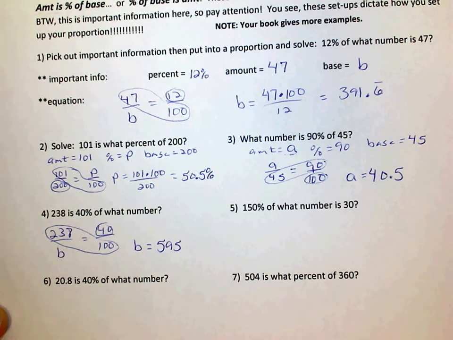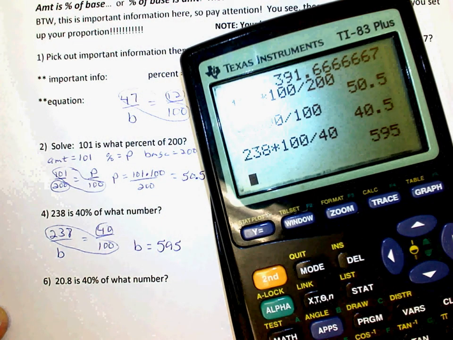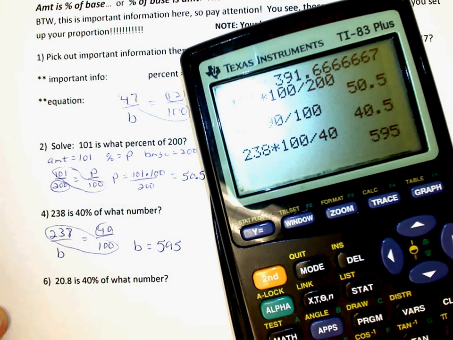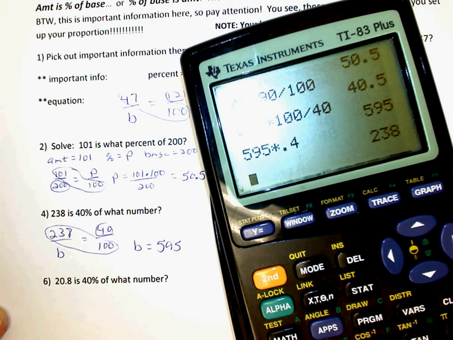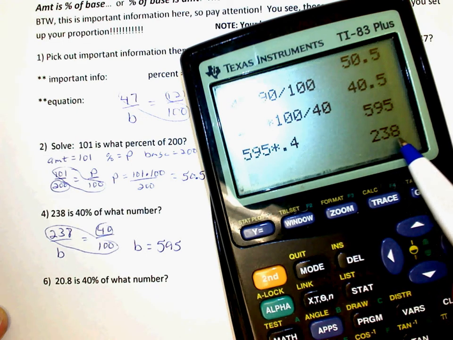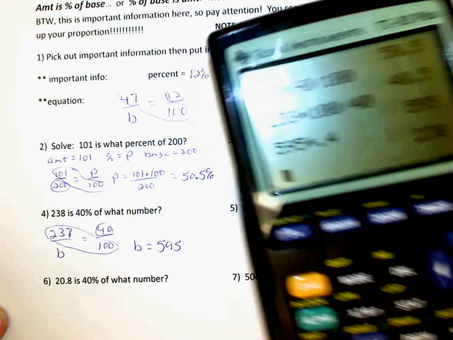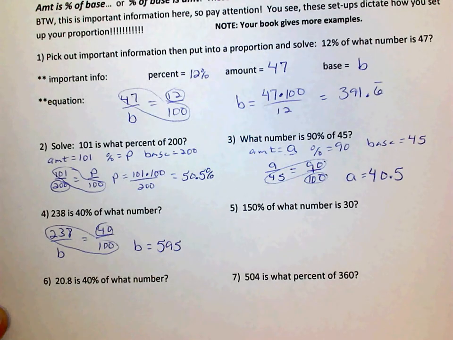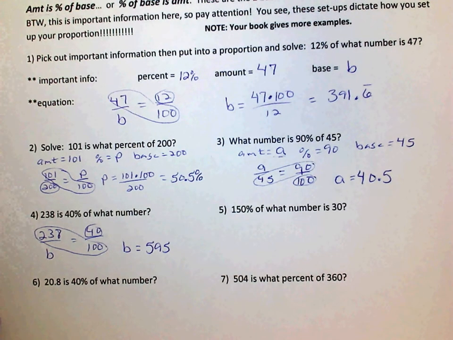Okay? If you want to check, something you can do is take 595 times, and 40% as a decimal is 0.4, and it does give us the 238 from our problem. And that kind of gives you a little idea of how chapter 6.3 works through stuff.